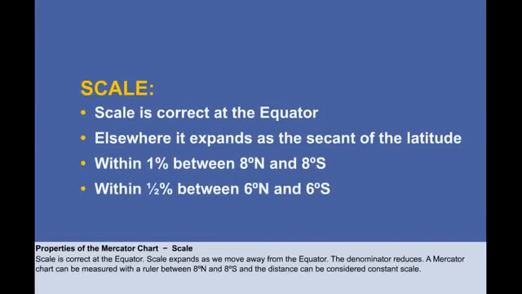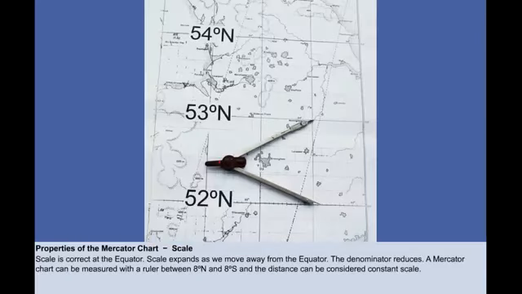And incidentally, it is also within 0.5% between 6 degrees north and south. It is perfectly possible to use a Mercator chart outside these latitudes, but distances cannot be directly measured with a ruler. Here is a Mercator chart which covers latitudes from 51 to 55 north.